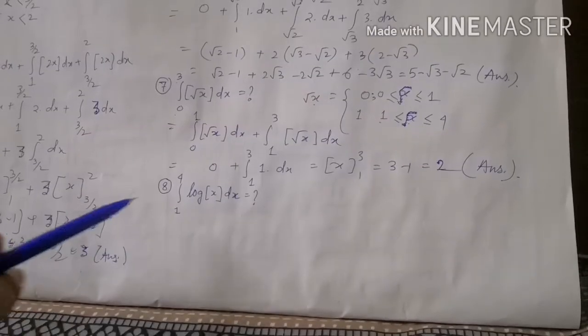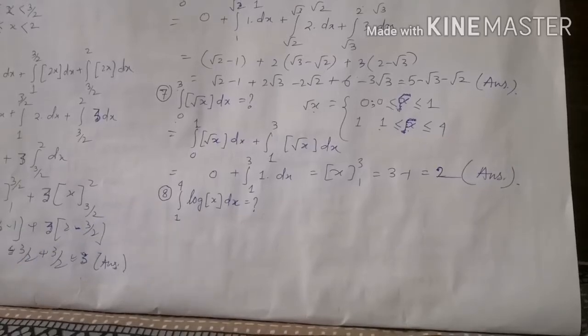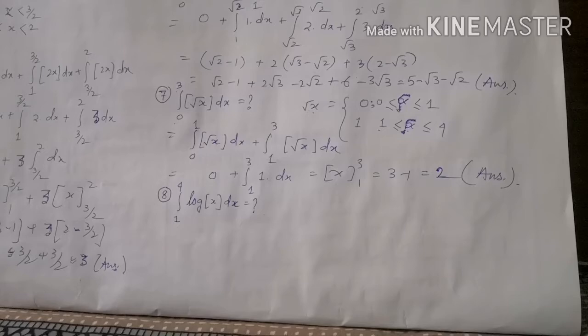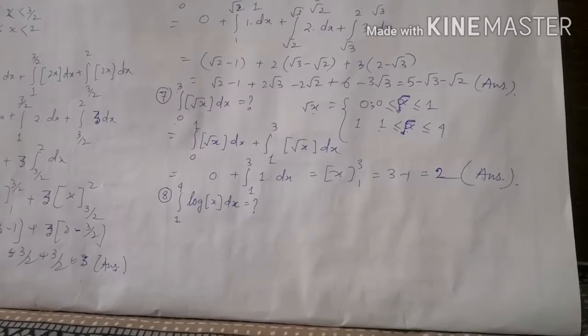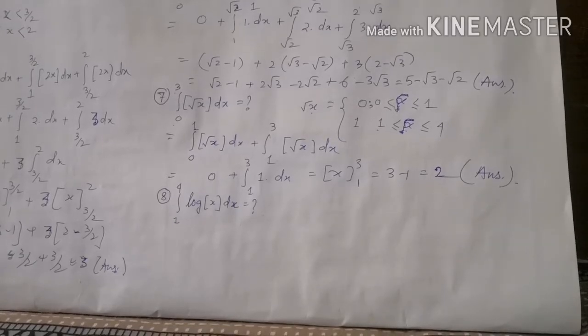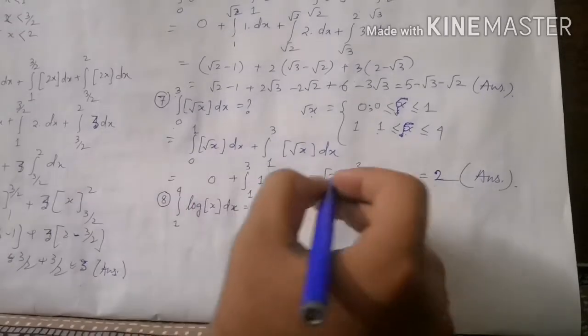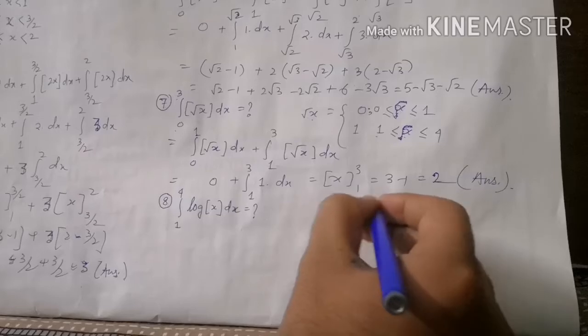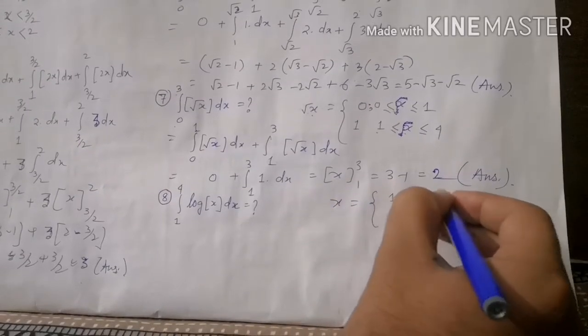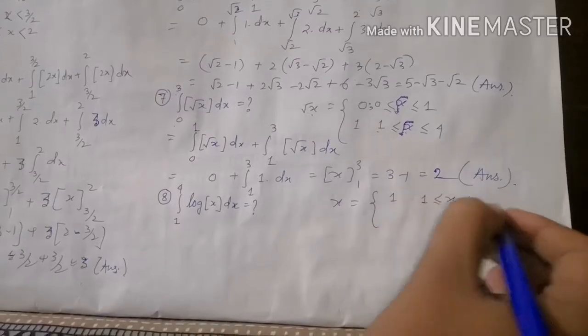Now we will go to question number 8, and the question number 8 says that integration 1 to 4 log x dx. So here we all know the definition of x. The definition of x equal to 1 when x will vary from 1 to 2.